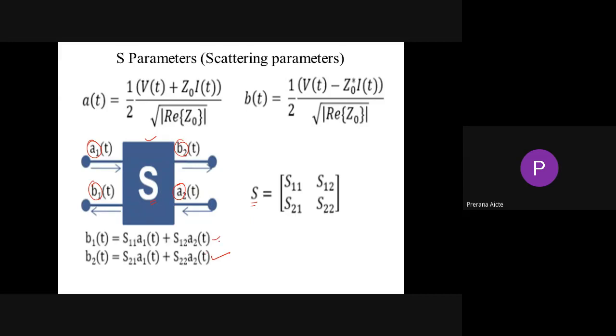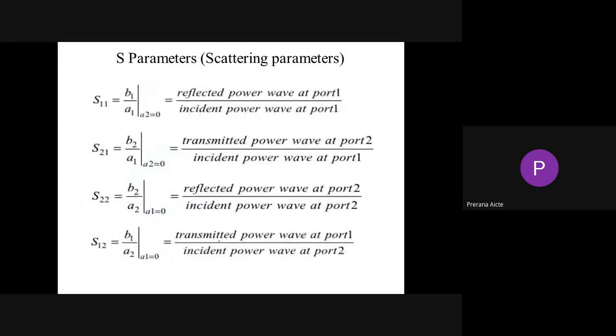Now we have to calculate what S11 is. S11 is B1 by A1 with A2 equal to 0. B1 is the reflected power at port 1 divided by the incident power at port 1. A1 is the incoming, the incident wave, and B1 is the reflected or outgoing power.